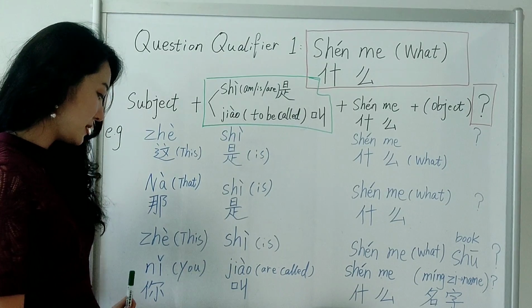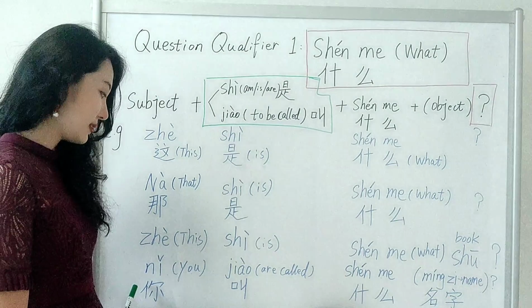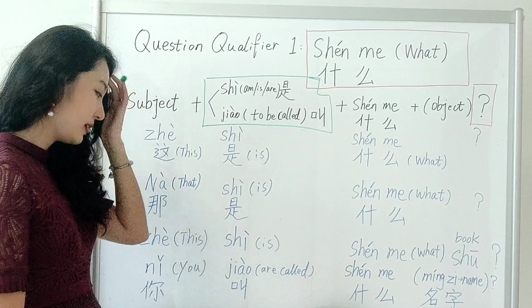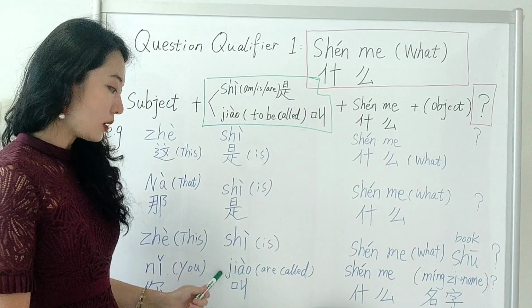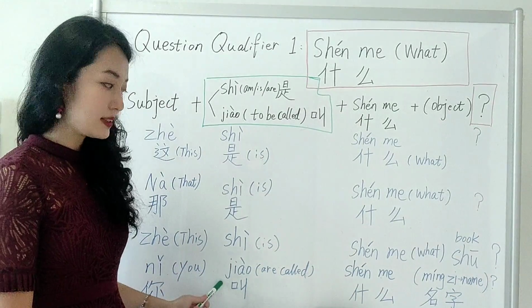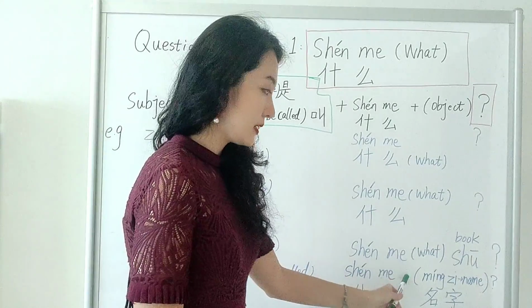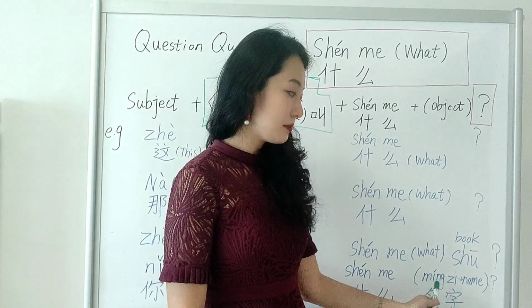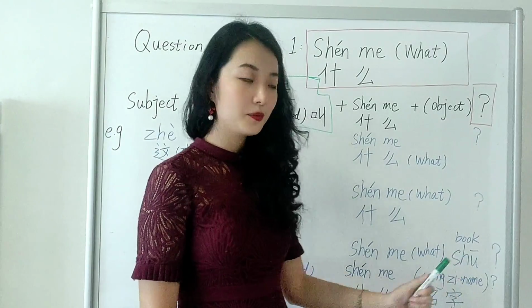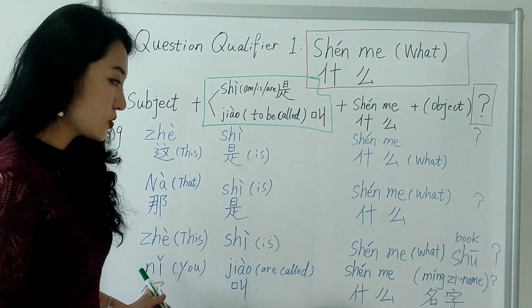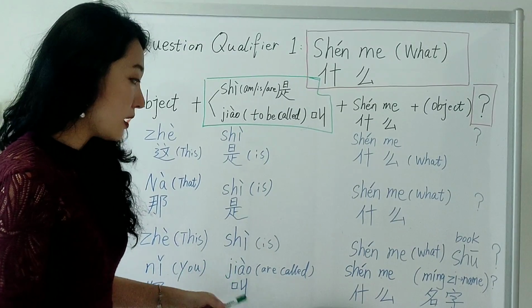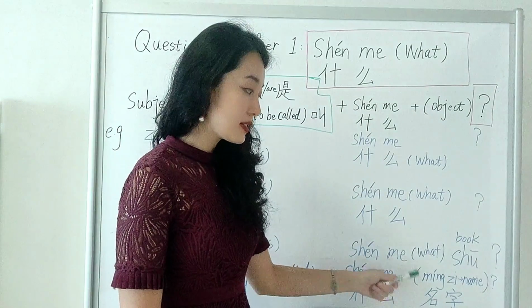你 means you. Here is the Chinese character. Second, 叫 means to be called. 什么 what? 名字 means name. So let's read it again. 你叫什么名字?